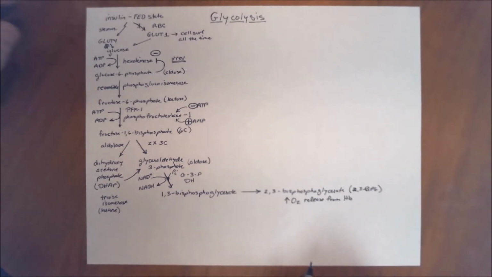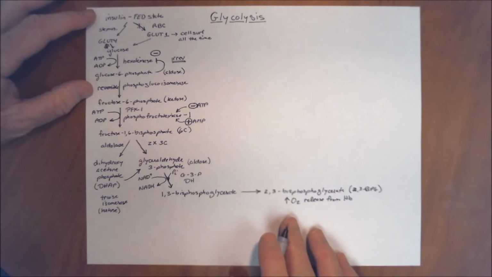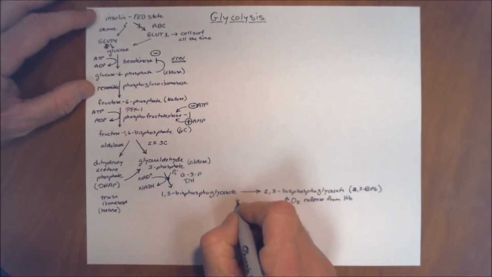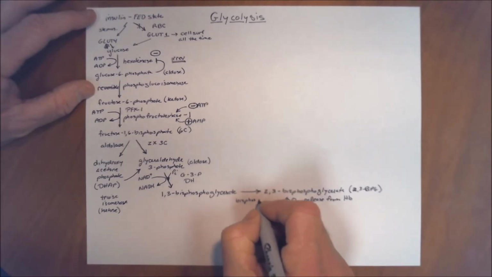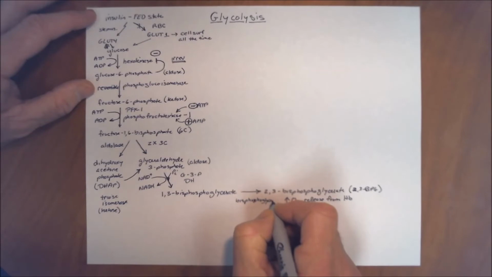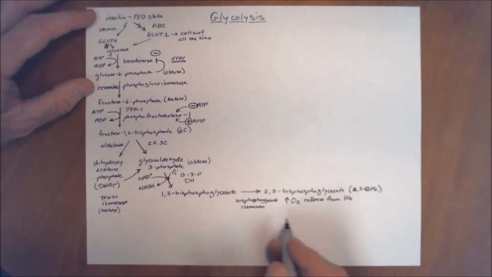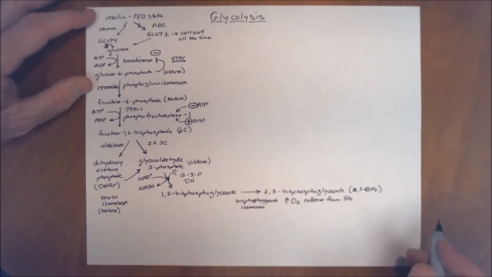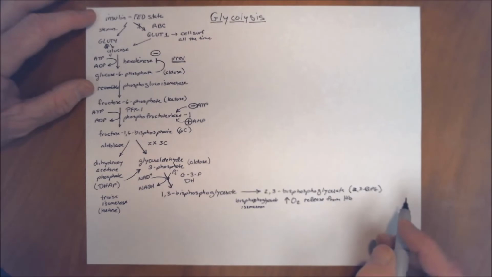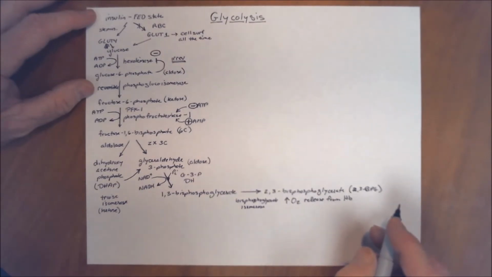So as we increase our altitude and we need more oxygen, the synthesis of the enzyme bisphosphoglycerate isomerase increases at high altitude, increasing 2,3-BPG in the red blood cell, which increases oxygen release from hemoglobin.